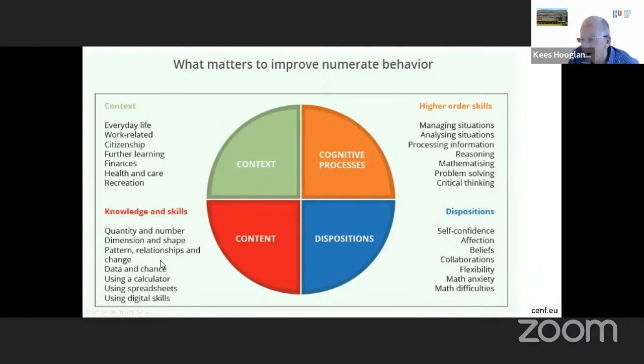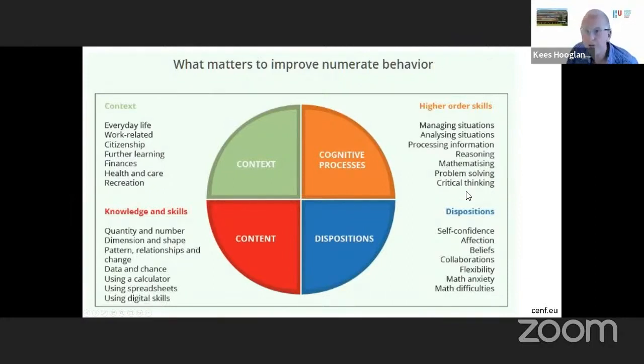And it is not only about knowledge, skills and context, but more and more higher order skills are necessary to cope with those numeracy situations. What do we mean by higher order skills? It is more about interpreting the situation, managing the situations, reasoning with the numbers, problem solving sometimes, but also critical thinking.